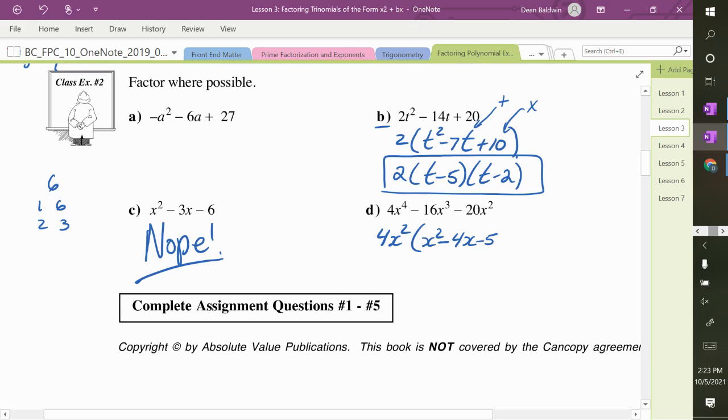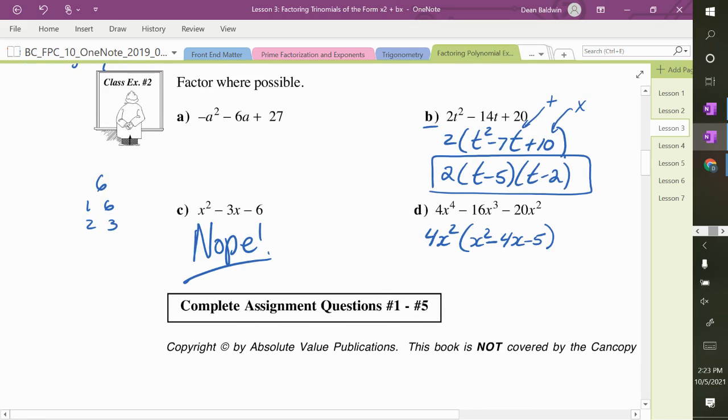X squared over x squared is no more x squared, because it would be x to the 0, which is just 1. Okay. Then what? Am I done? So we're looking for what multiplies to negative 5 and adds to negative 4.